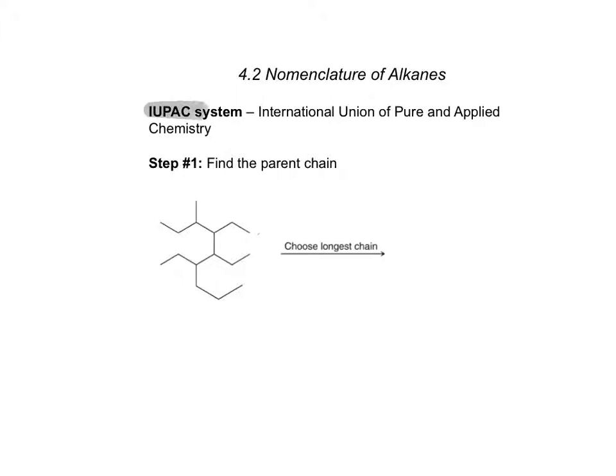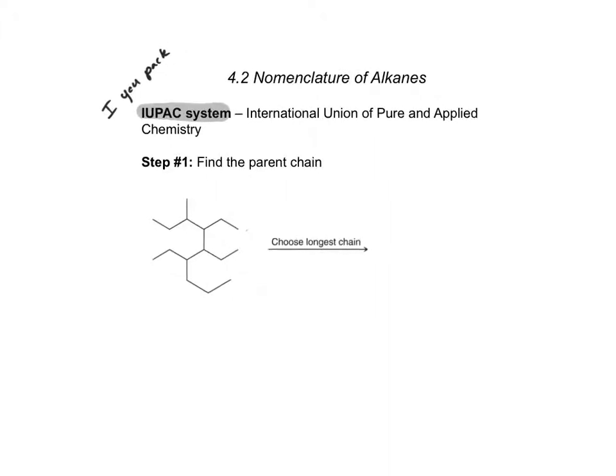This stands for the International Union of Pure and Applied Chemistry. Whenever I refer to this, I always say IUPAC. So it's an acronym, but I say IUPAC. We also start our nomenclature topics by naming alkanes, because again, they're going to be the simplest and most basic of all of our organic molecules.